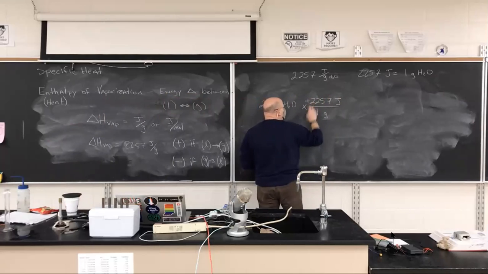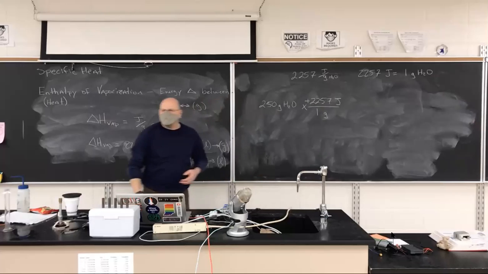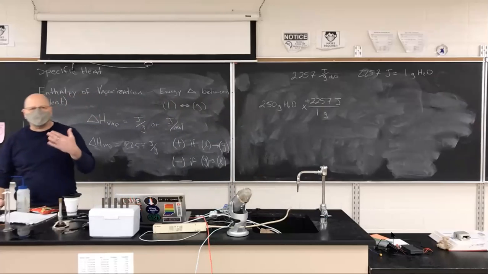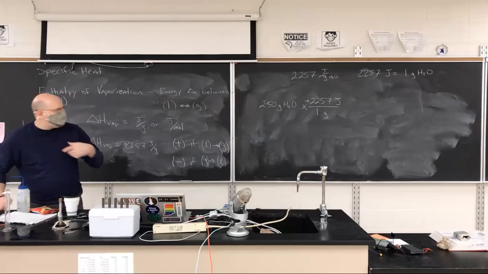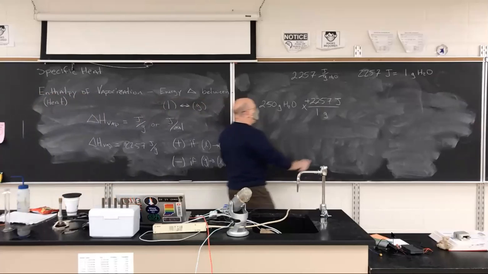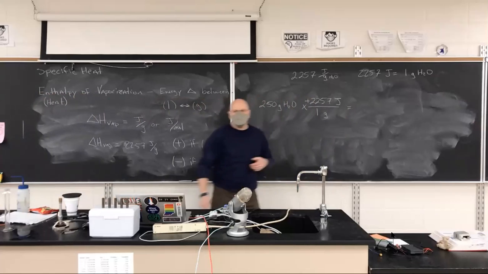Positive. Why? Because we're changing it from a liquid to a gas. If we were going from a gas to a liquid, what sign would I have on that 2,257? Put a negative one. And what do we equal?